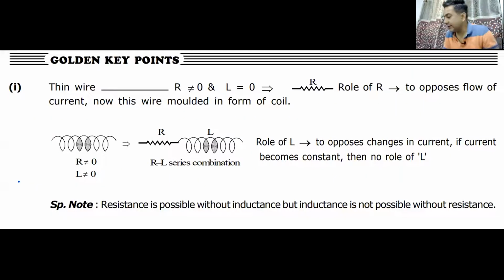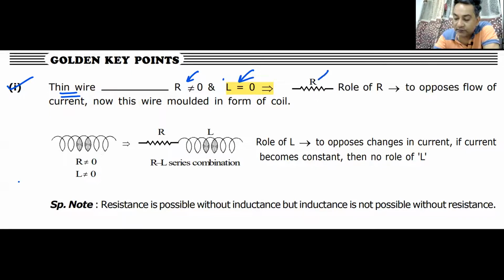Let's move ahead and see some golden points. As you can see here, if you have a thin wire which is not turned like this, its inductance would be zero. It will have no inductance because the area is very less or zero, but it will have some resistance. All wire have resistance.